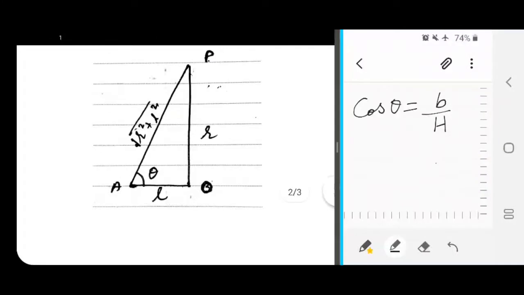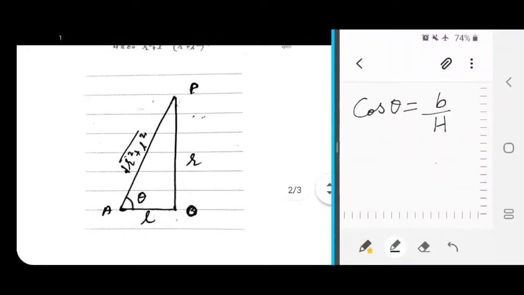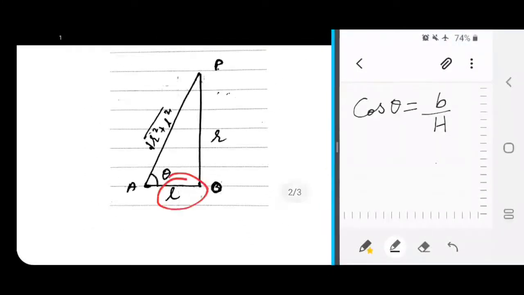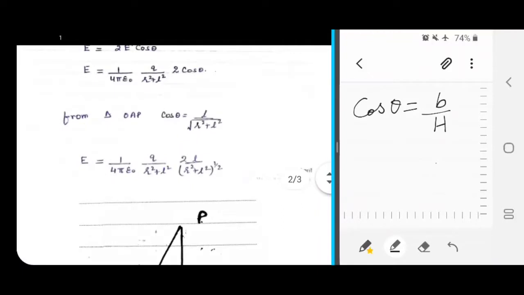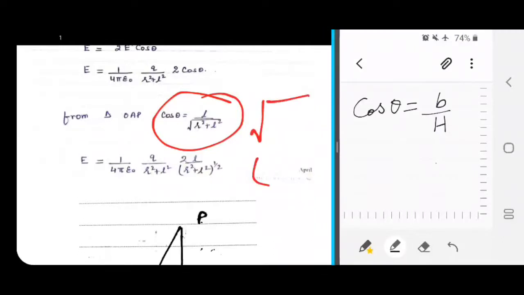So the value of cos theta becomes base, that is small l, upon hypotenuse, root r square plus l square. So the value of cos theta is l upon root r square plus l square. Root means the whole power 1 upon 2.